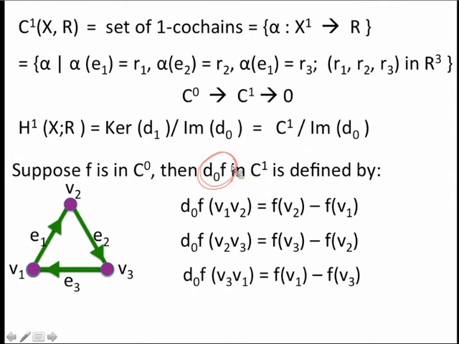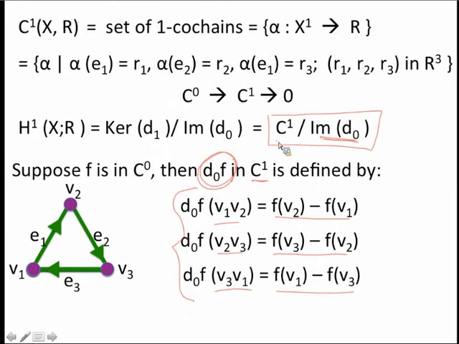And what does D naught of F do? Well, it's in C1, so it acts on our edges, and we have this nice definition right here. I want to do C1 mod the image, and I know what the image is. It's just the collection of these maps. I would like, however, to relate the image to C1.